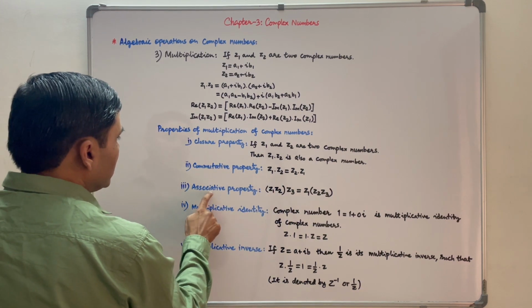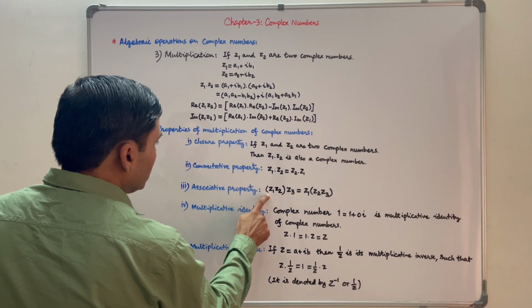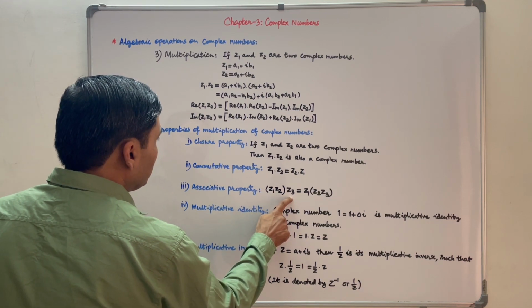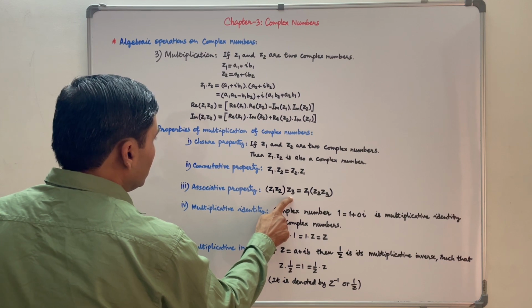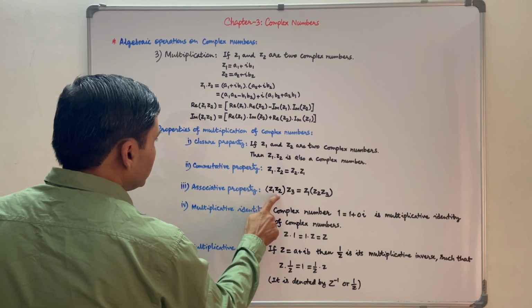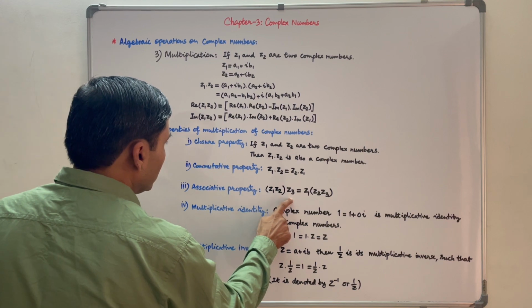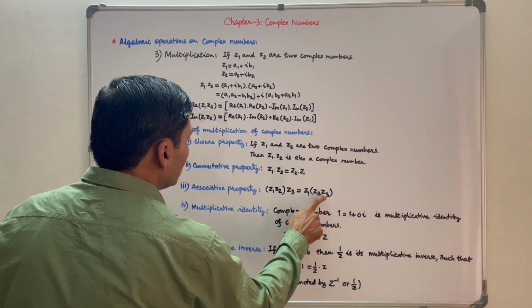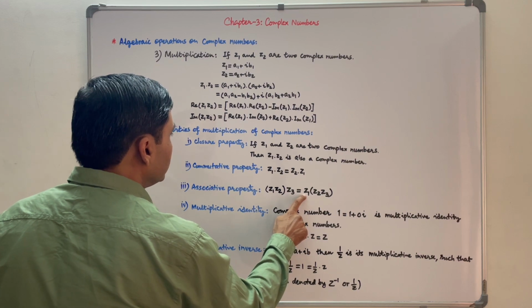Third property, associative property. Suppose z1, z2 and z3 are three complex numbers, then they can be multiplied together in any order. First you multiply z1 and z2 and the result to z3, or first you multiply z2 and z3 and the result to z1. Outcome will be the same.